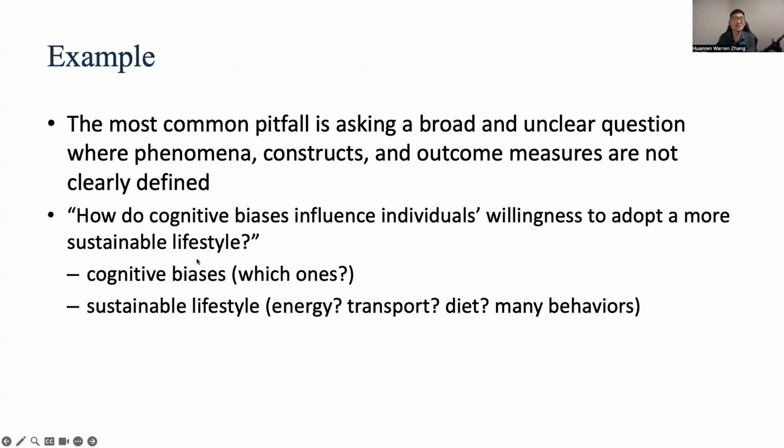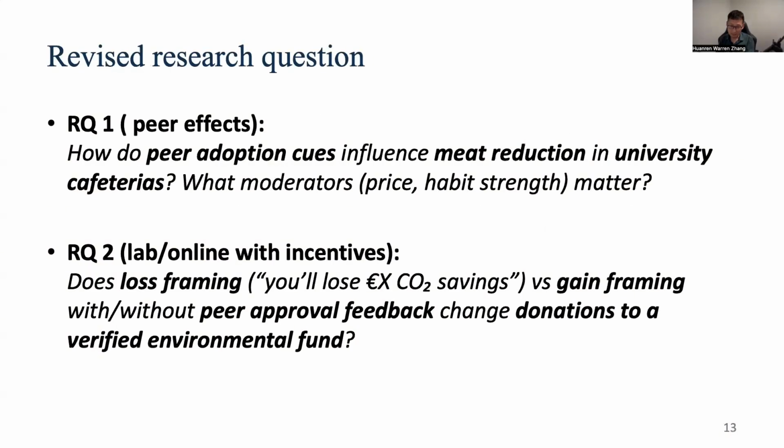How do cognitive biases influence individuals' willingness to adopt a more sustainable lifestyle? It's so ambiguous that you don't know what the researcher is actually trying to do. So hopefully this example help you understand these three important criteria to evaluate whether a research question is good or not.